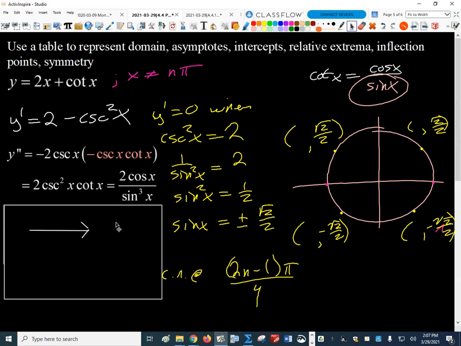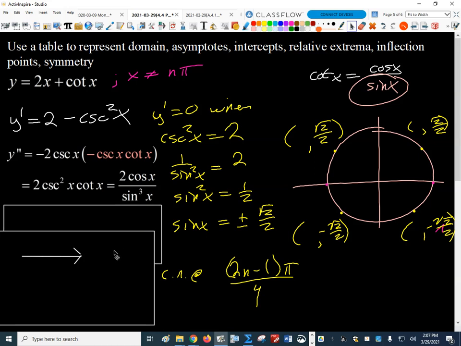If I want to write this in terms of cosines and sines, which is a good idea, then the cosecant squared gives me a sine squared on the bottom. Cotangent gives me a cosine on the top and another sine on the bottom. So I end up with 2 cosine x divided by sine cubed x.